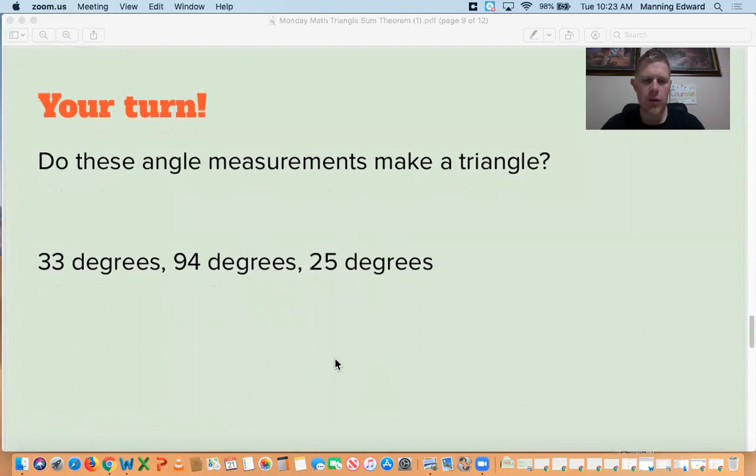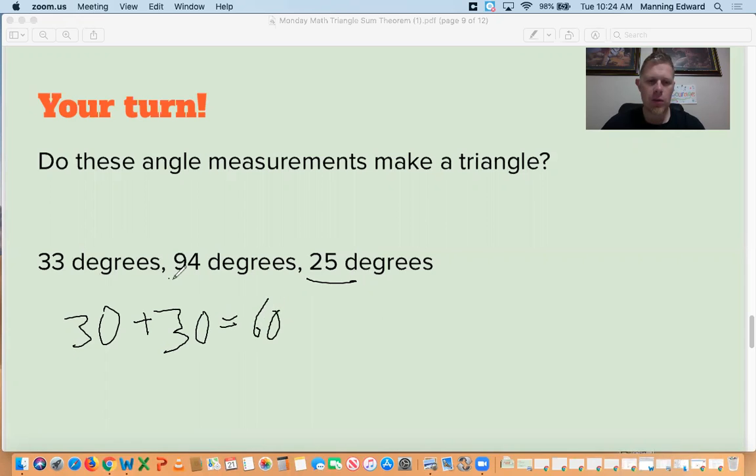All right, let's see whether these ones add up to be 180. Well, if I just do this in my head, I can just round this and say 30. So if I say this is 30, and even if I round this up to 30, I know right away that's 60.